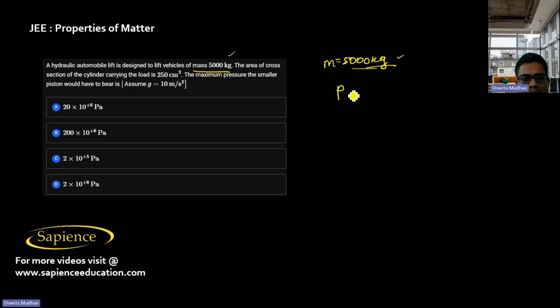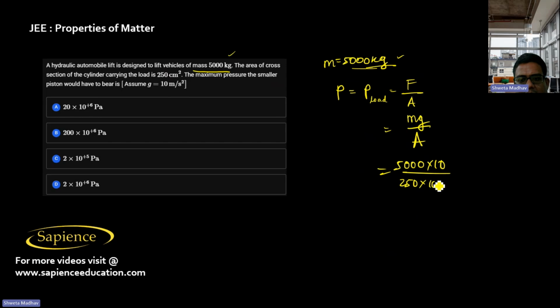So the maximum pressure that the smaller piston has to bear is the same as the pressure created by the load, which is equal to force by area. This force will be equal to mg. So pressure is mg by A. m is 5,000, g is 10, area is 250 centimeters square, so 250 into 10 power minus 4 meters square, since 1 centimeter square is 10 power minus 4 meters square.